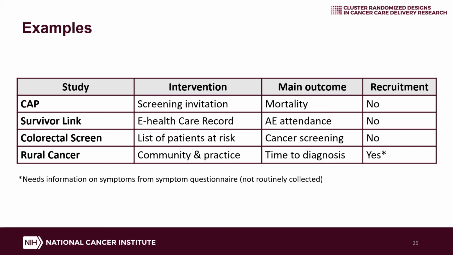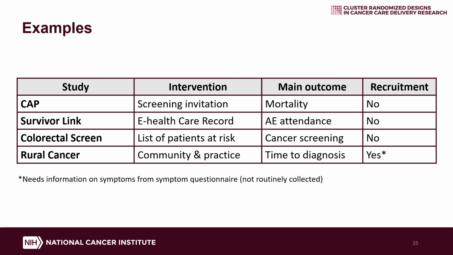So remember the CAP study. This was an evaluation of a screening invitation, and the main outcome was mortality. And in this trial, there was no individual participant recruitment. In the Survivor Link trial, the intervention was a modification to the e-healthcare record. The main outcome was emergency room attendance, and again, no direct participant recruitment and reliance on routinely collected outcomes.